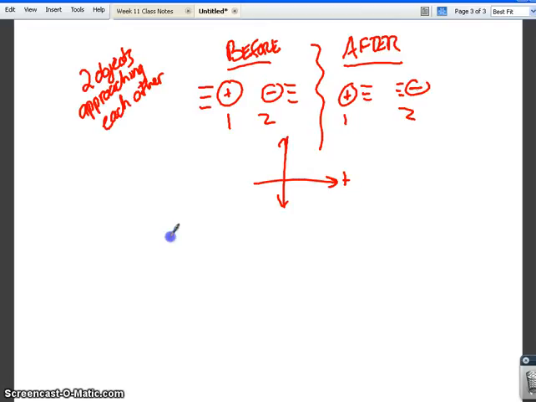If I was going to write this out, I would do m1 v1 initial, that being a positive number, and then I would subtract m2 v2 initial, because this is negative. Or maybe, if I mess you up, I would do positive m2 negative v2 initial. That's where I get this negative from, because if I minus it here or minus it there, it doesn't really matter.